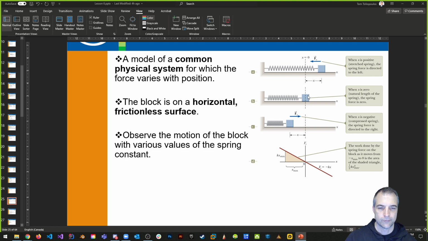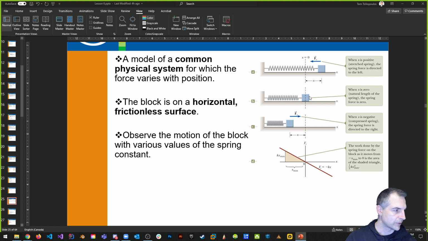Forces can be applied so that we can compress an object, or so we can extend or elongate an object. Then there's a counter force, or spring force, that goes in the opposite direction of our work, in order for the spring to go back to its natural state. That's how a spring works. Okay?